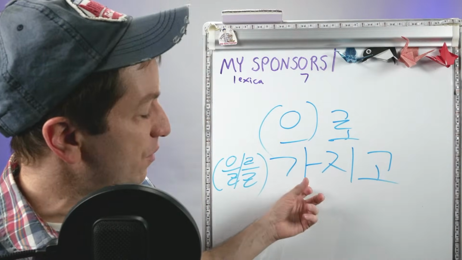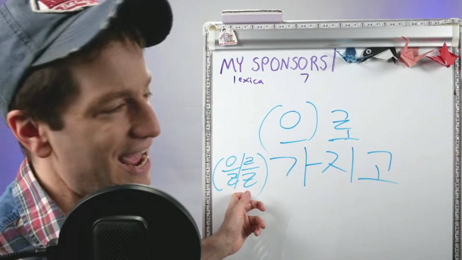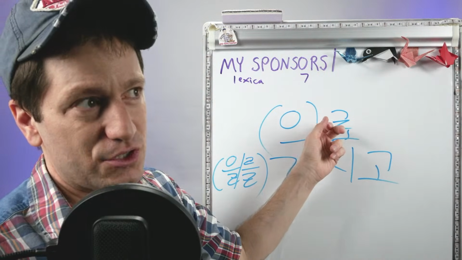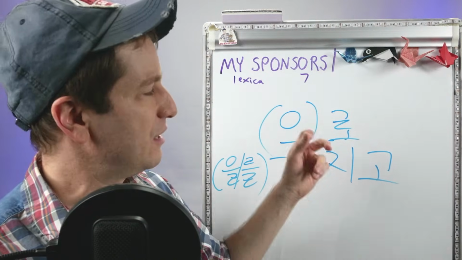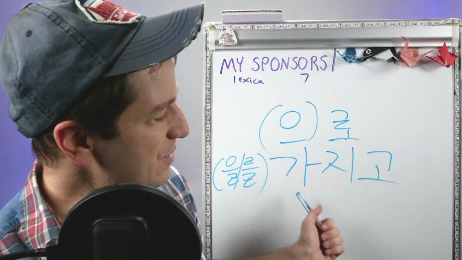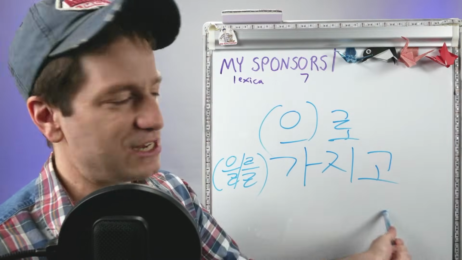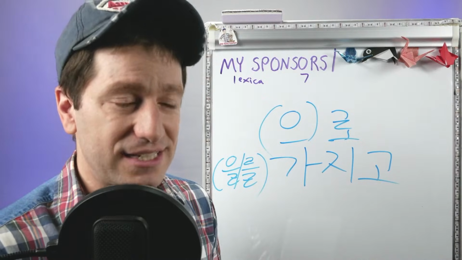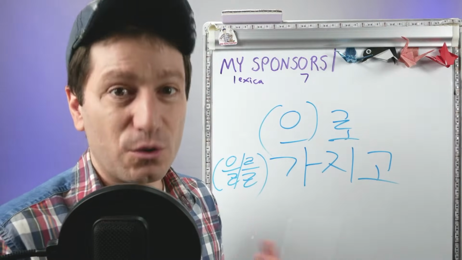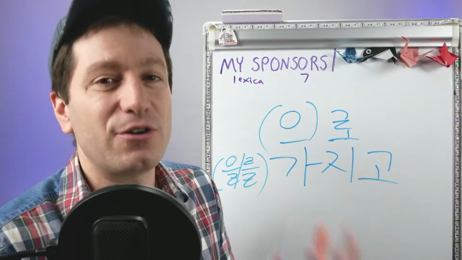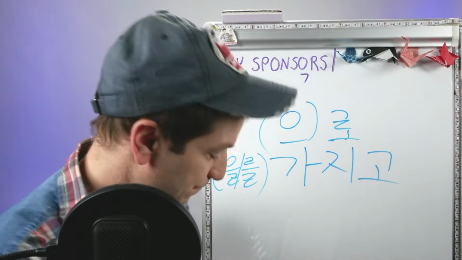This is a different form that uses the object marker after a noun, and it also can have the meaning of using something. So, 책을 가지고, 책으로, using a book. They both have that similar meaning. I have a separate live stream about this if you search on my channel, but you can use either of these instead of 바탕으로 and still have the same grammatical meaning. You just lose that nuance of it being like the background or the basis of something.